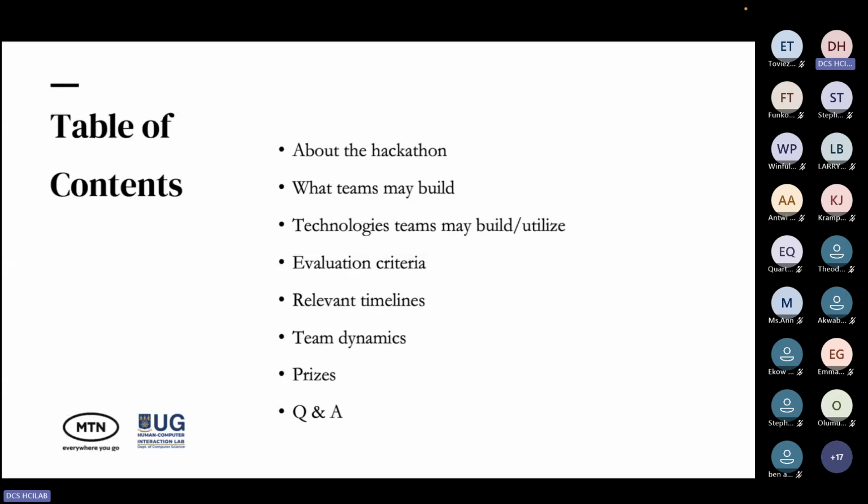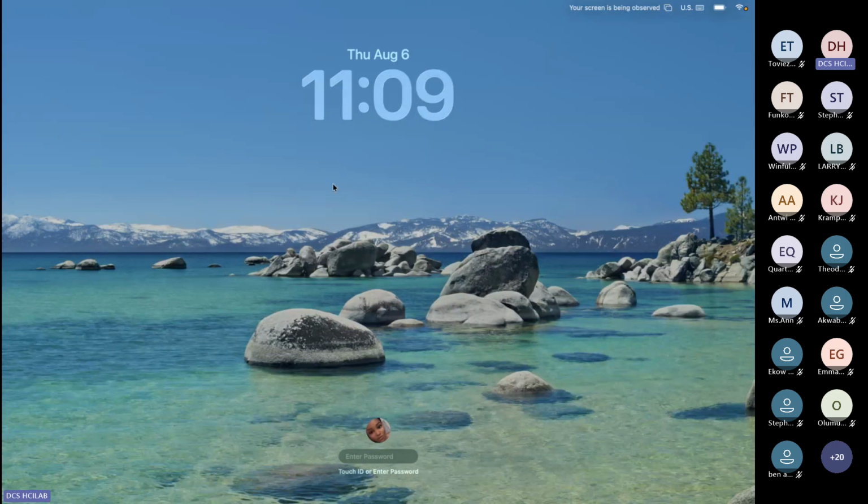For today's session, we will look into what the hackathon is about, what teams are expected to build, technologies that teams may leverage on. We'll also look into the evaluation criteria, the relevant timelines, team dynamics, prizes, and then we open up the floor for questions and answers.